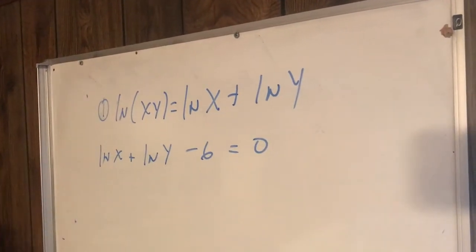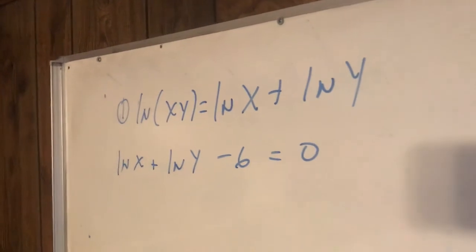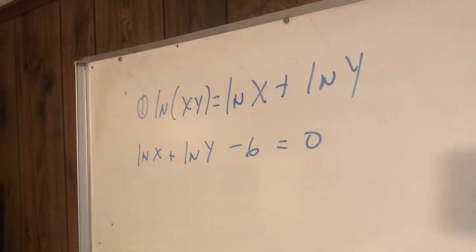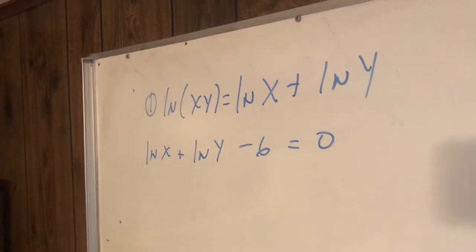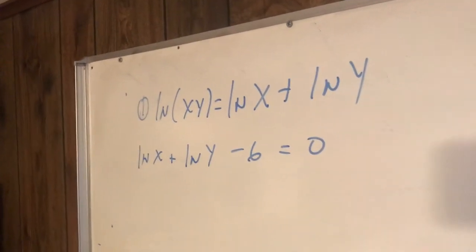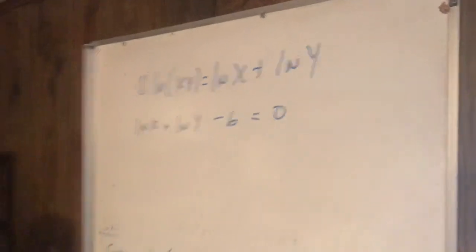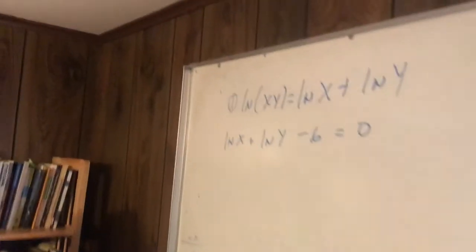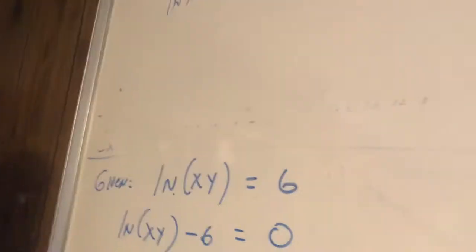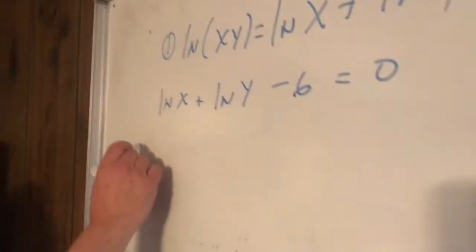Notice this no longer becomes an implicit problem. I've taken the implicit differentiation right out of it by applying the log rule, and all I have to do is take the derivative of each separate step.